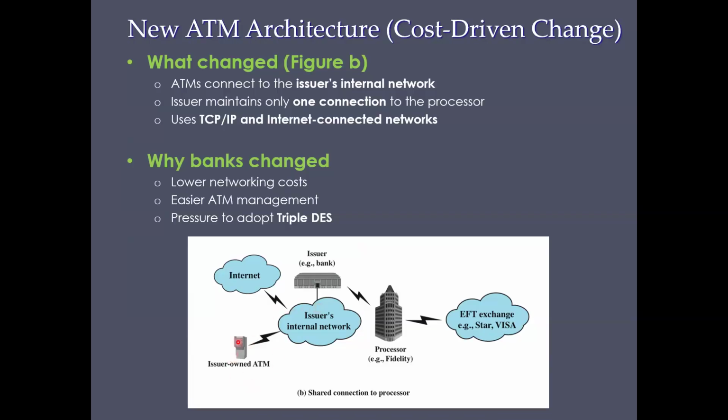We have the ATM, the issuer, and still the processors, but there are really lower networking costs. That is why banks changed. It also brings easier ATM management, and there's pressure to adopt triple DES, an advanced encryption algorithm that we have covered.